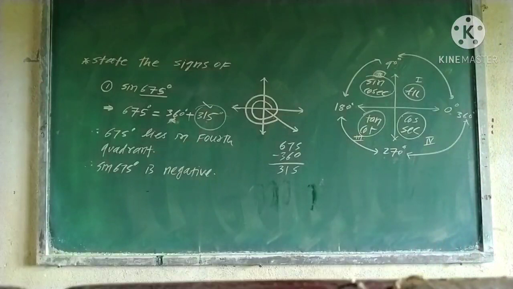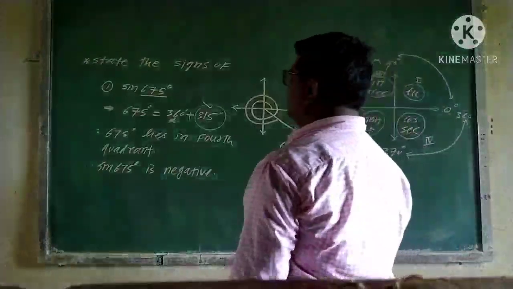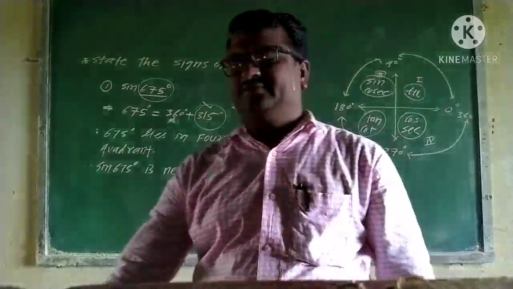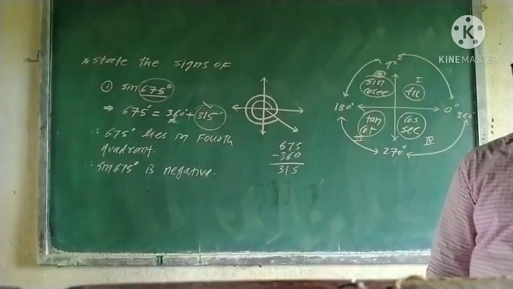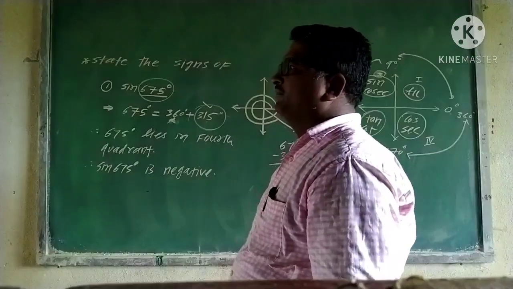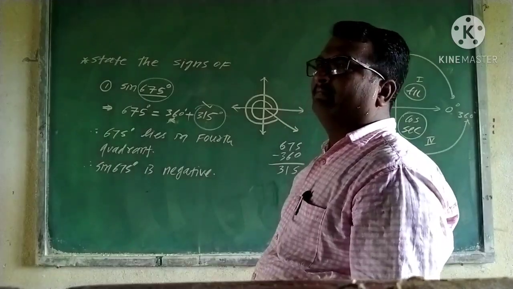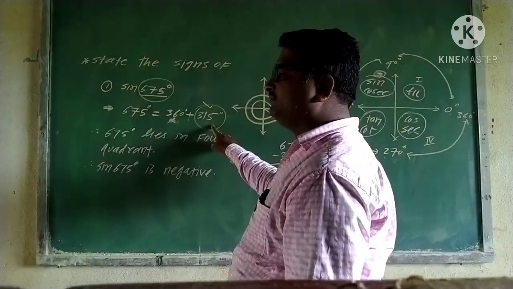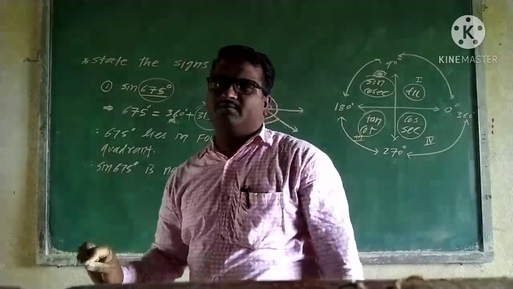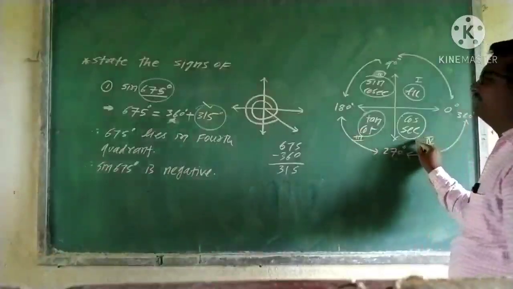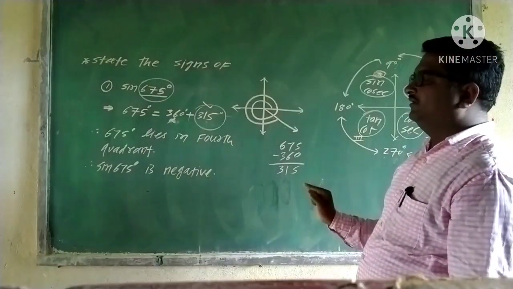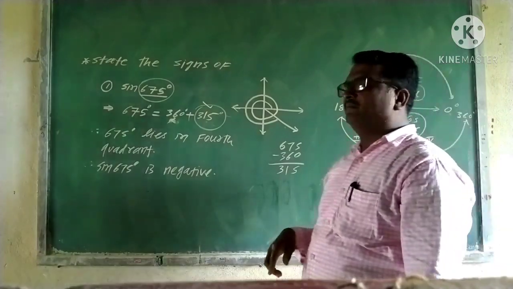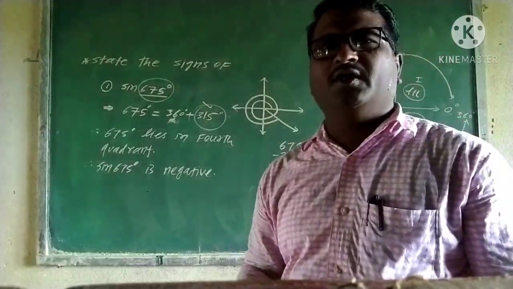All such problems are the same: we write the given angle as the sum of 360 degree and a remaining angle, note which quadrant the remaining angle lies in, and by this concept we can say whether the sign is positive or negative.